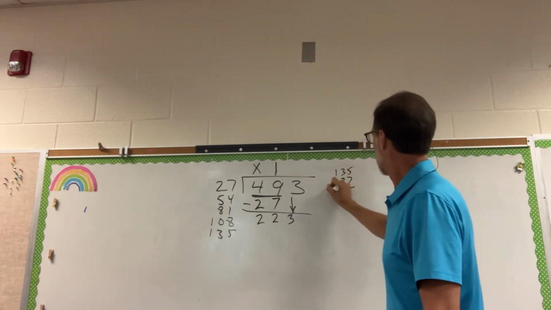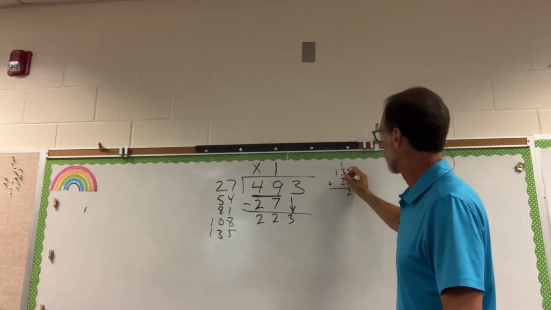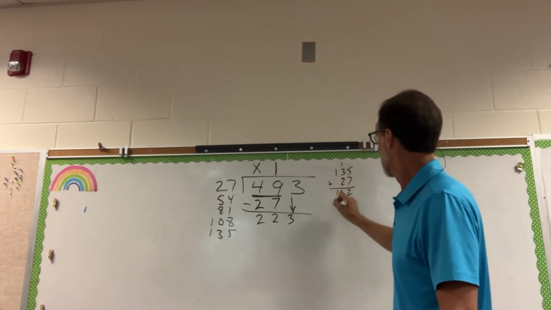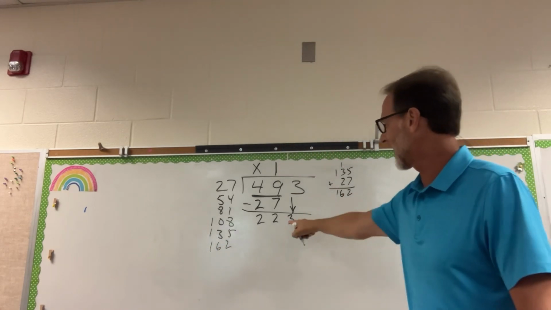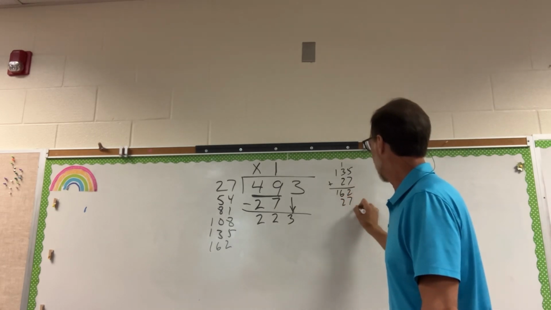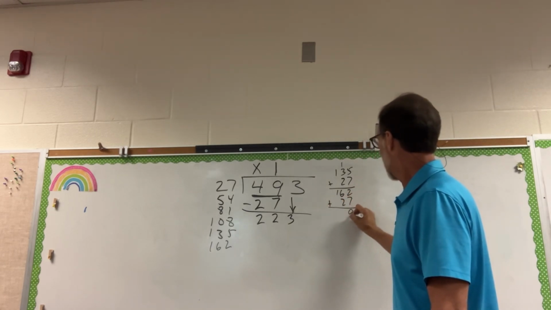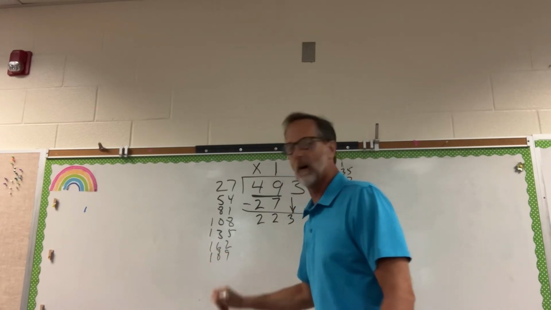So I'm going to add 27. 5 plus 7 is 12. 1 plus 3 is 4. 4 plus 2 is 6. 162 is my next multiple. Is that close? Not really. I have to keep going. 27 again. That's 9. That's 8. 189. Is that close?